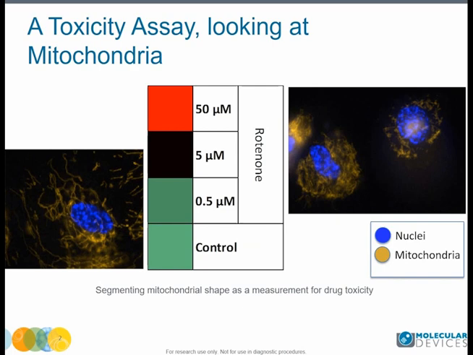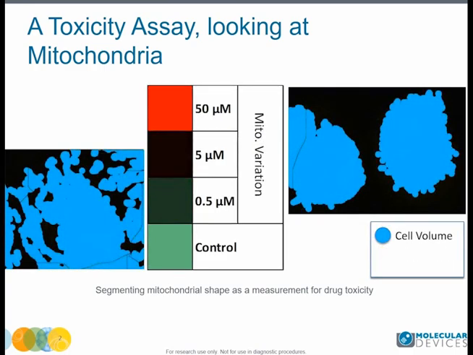It is important to note that for some assays, you can create pretty simple modules to get a measurement to classify cells one way or another. For example, if all we needed to do was have a module which detects the toxicity of a treatment based on mitochondria, then rather than create a set of masks segmenting mitochondria, the module could just create a mask that covers all the mitochondria and measures the intensity variation under that mask.